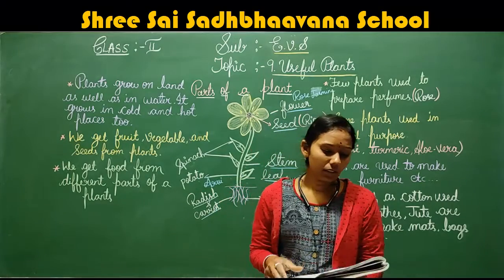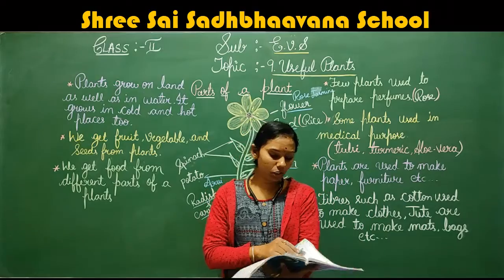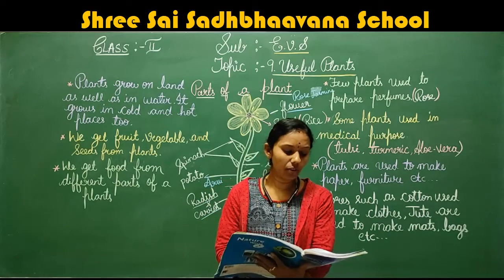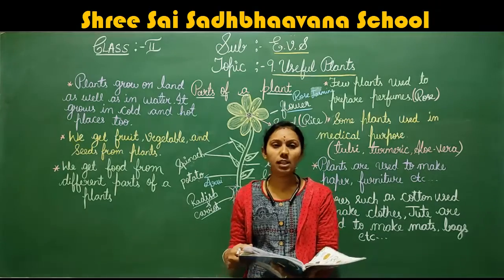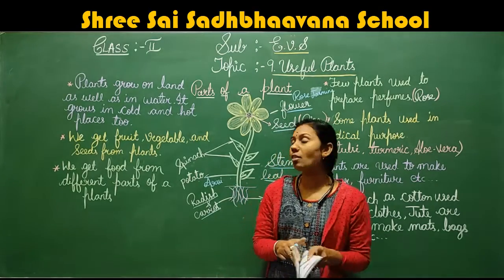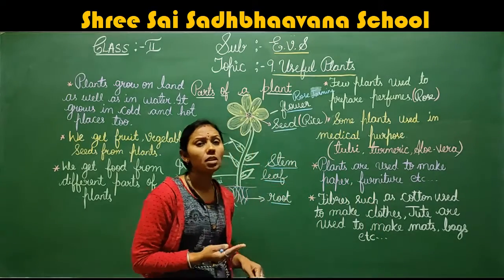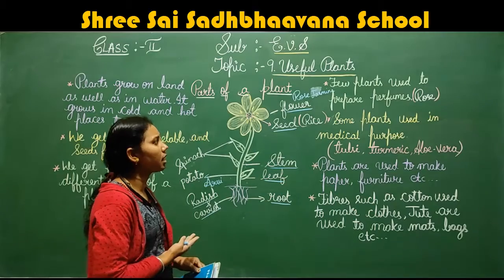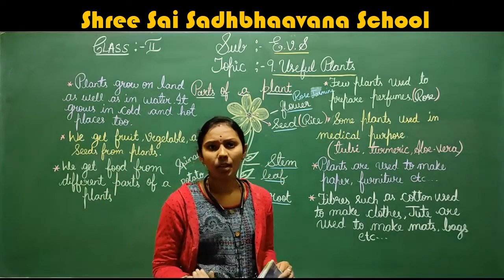Now we will wrap up, children. We have understood what all the plants give us. Many things: fruits, vegetables, flowers, then, as I told you, seeds, cereals, pulses, grains.